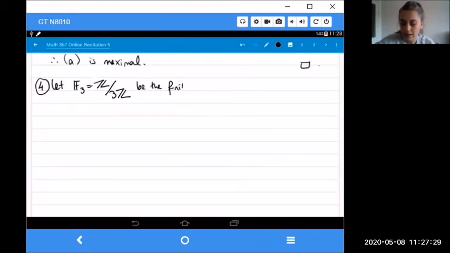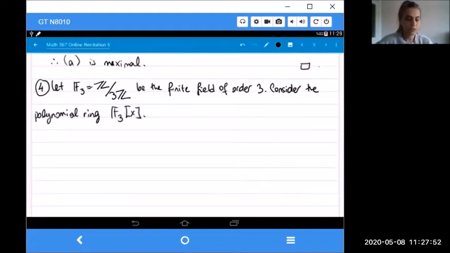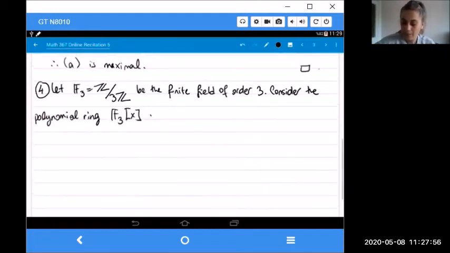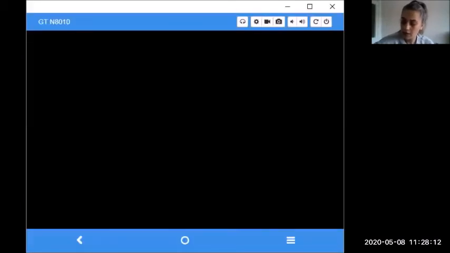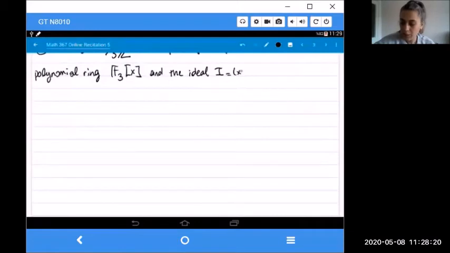Now consider the polynomial ring over F3, and the ideal I, which is generated by x squared plus 1 in F3 of x.